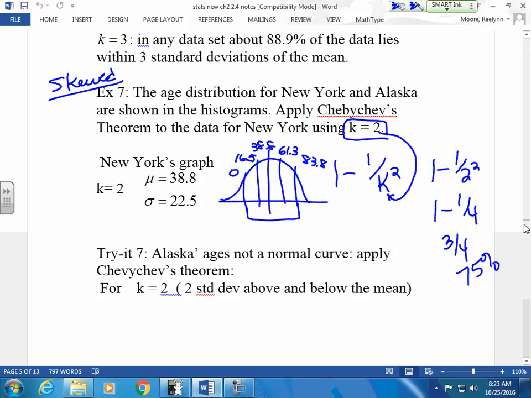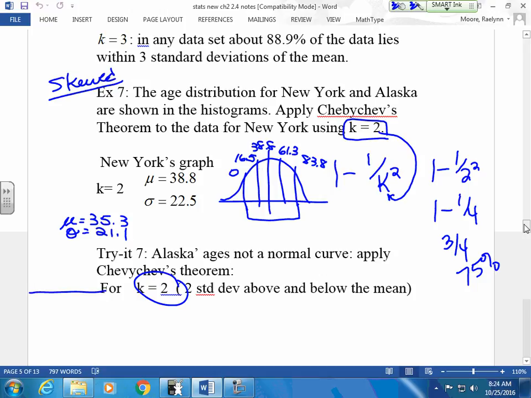So now if we look at the other one, Alaska has a mean of 35.3 and a standard deviation of 21.1. And again, it's not a normal curve. We want to go 2 standard deviations above and below the mean.